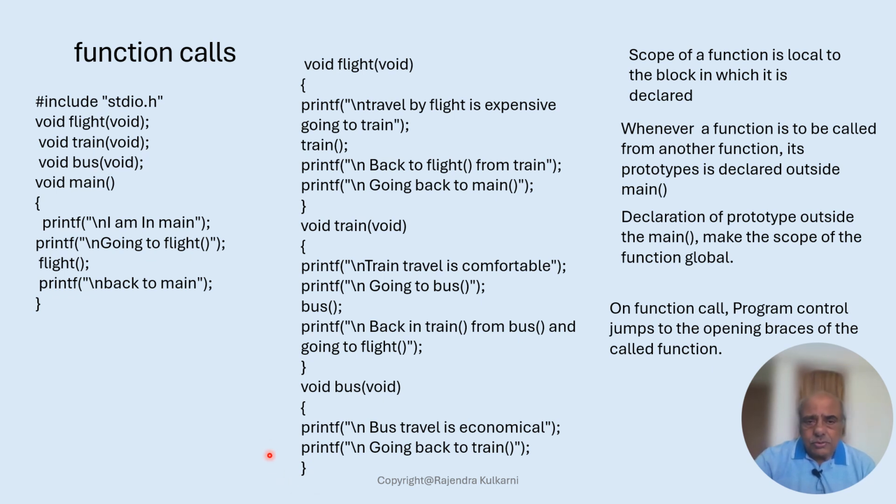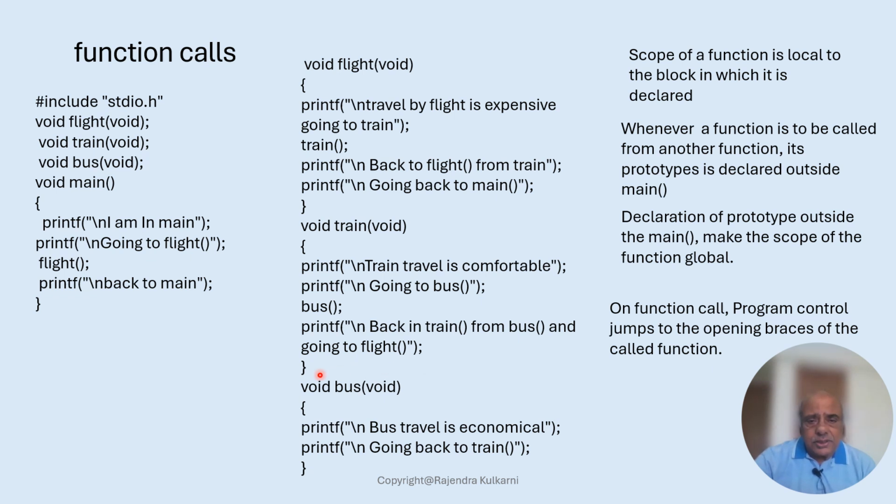It will go to the calling function. Bus has been called from train. So the program control will go back to the statement after the call to the bus function. In this case, it will execute this printf statement, back to train from bus and going to flight.